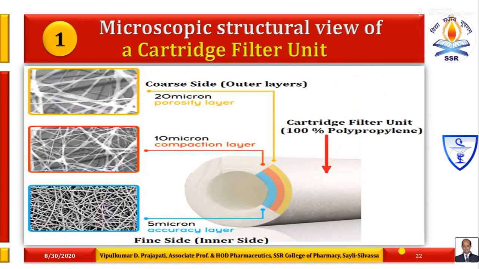This is the microscopic structural view of a cartridge filter unit. In this single non-core cartridge, in the center there is no core.